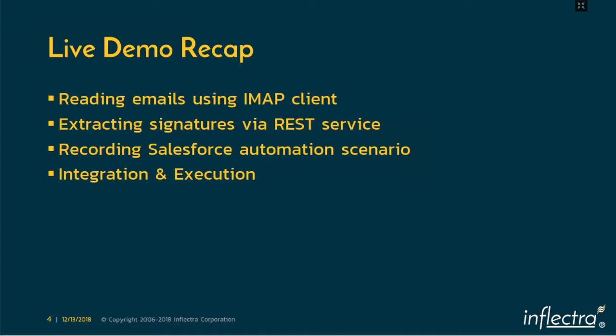We also created a REST service client in Rapise that sends a request to third-party REST service and gets JSON data from it. Rapise is able to parse this data and automate Salesforce through UI using browser. We can use Chrome or Firefox, any browser. And also we integrated everything together, executed, and it works.